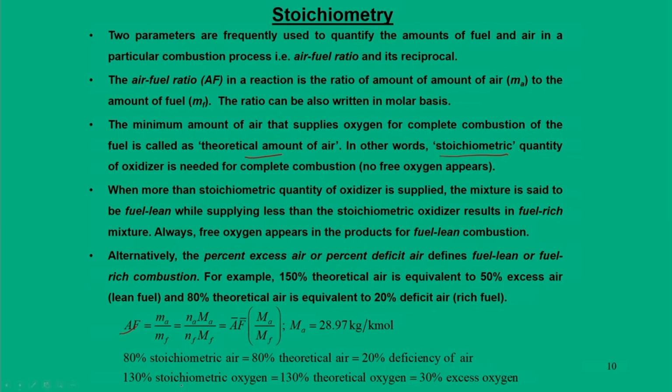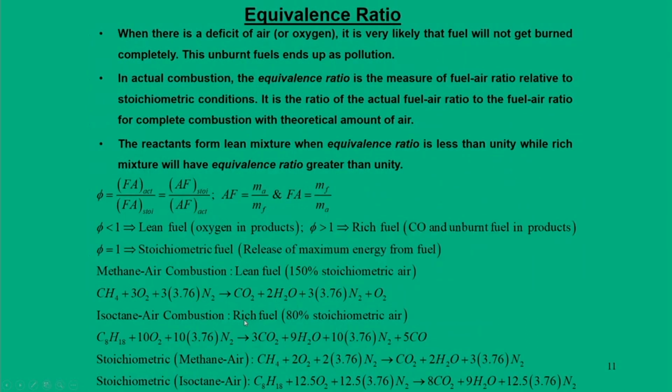When I take Na by Nf, instead of air fuel ratio we say molar air fuel ratio, that is the number of moles of air to the number of moles of fuel, times the molecular weight ratio Ma by Mf. This is the relation between air fuel ratio on mass basis, AF, and on molar basis, AF bar.